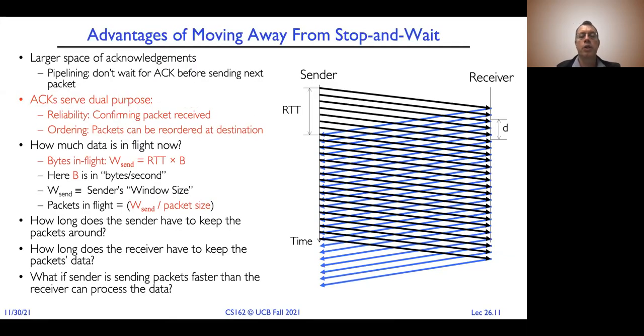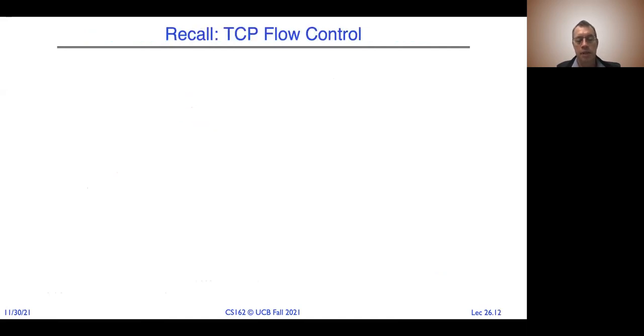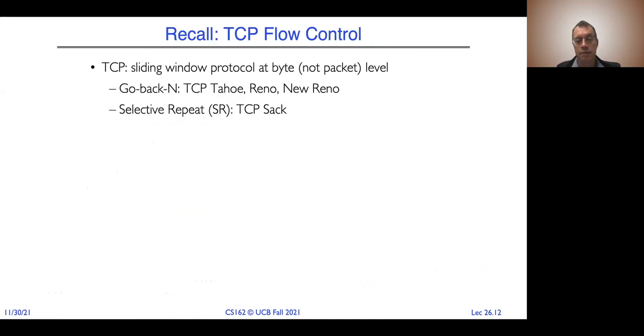Now, these are some good questions to keep in mind and see how they are solved. In particular, the last ones: how long does the receiver have to keep the packet data? And what if the sender is sending packets faster than the receiver can process the data, which is exactly flow control.